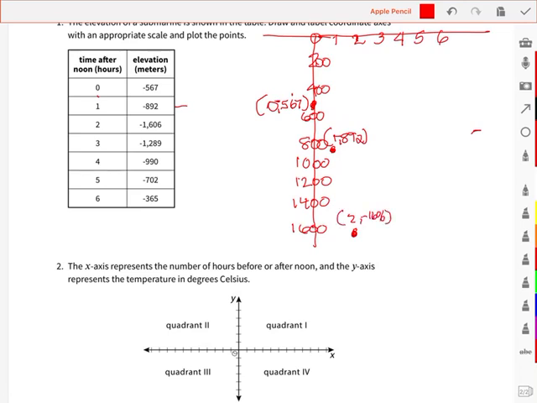And then we have 3 and negative 1289. So 3, like that. Then we have 4 and negative 990, which is going to be out there.